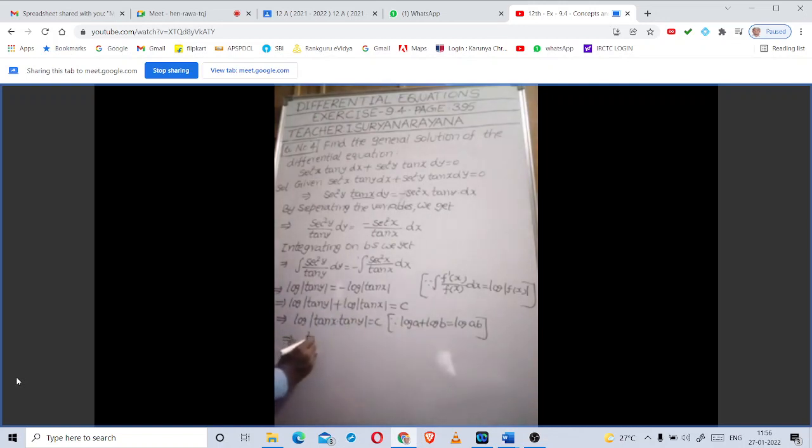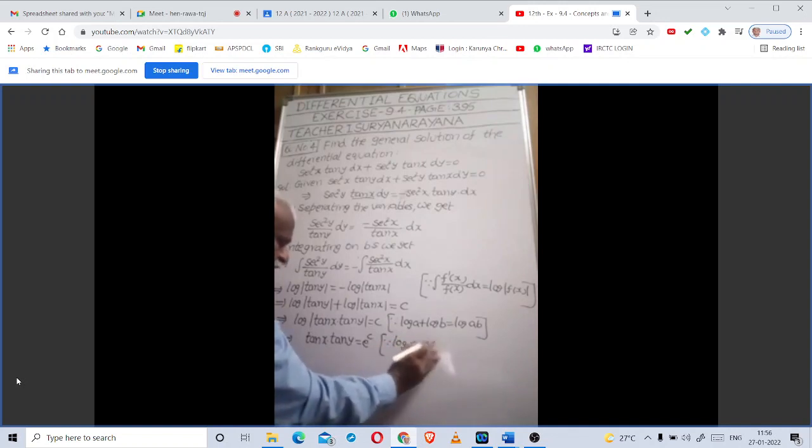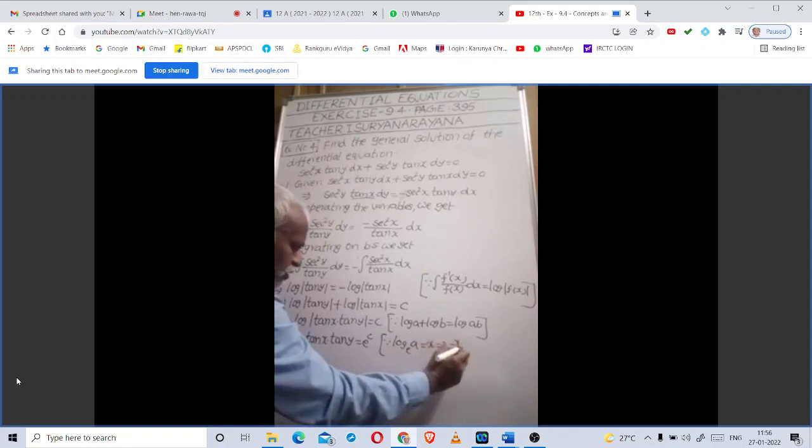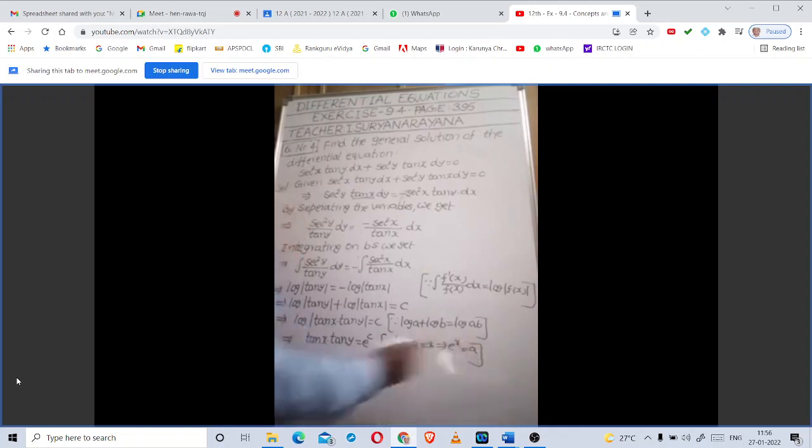Then this implies tan x into tan y is equal to e power c, because log a base e is equal to x implies e power x is equal to a. By using this logarithmic property, I wrote this step. Understood this step, my dear children?